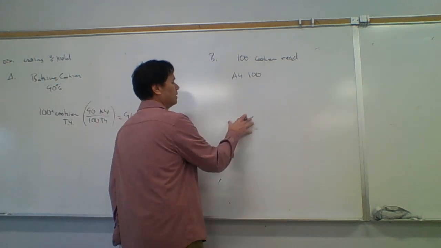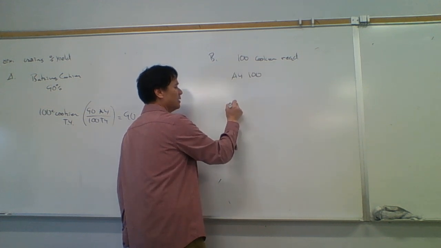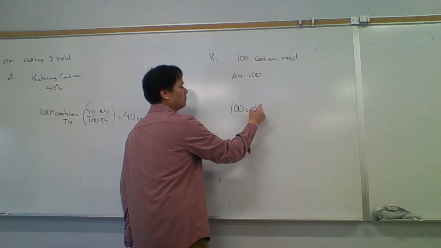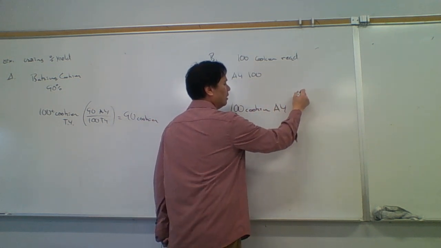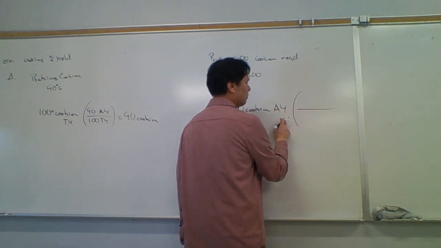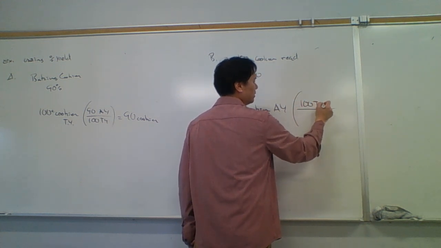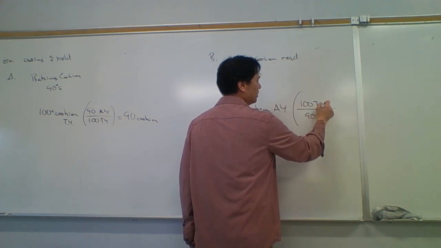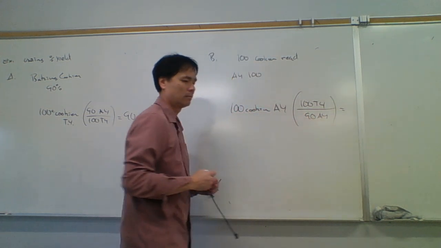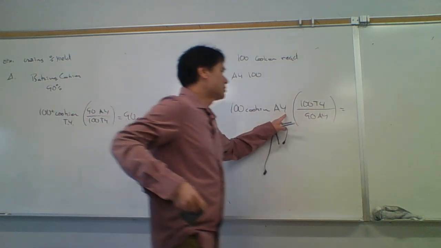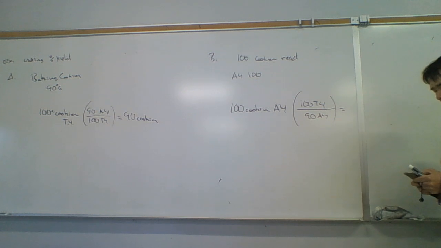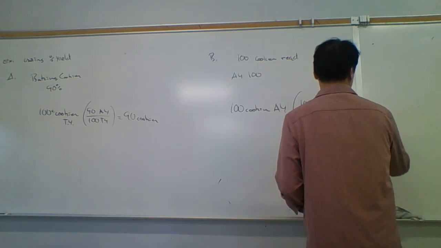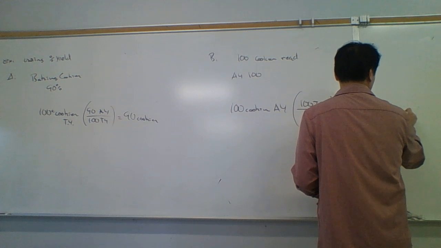Why? Because if my actual yield needs to be 100 cookies, then I know that for every 100 in theoretical yield, I only get 90 in actual yield. And so this takes me back to, in theory, how many should I make? Well, that's going to be 100 times 100 divided by 90, which is 111.1 cookies.